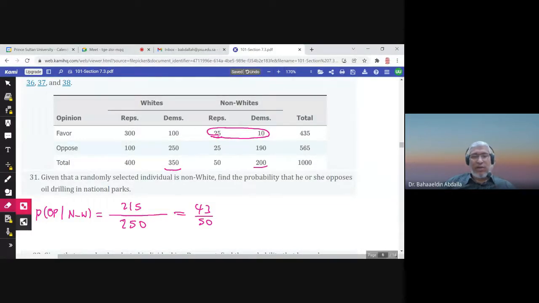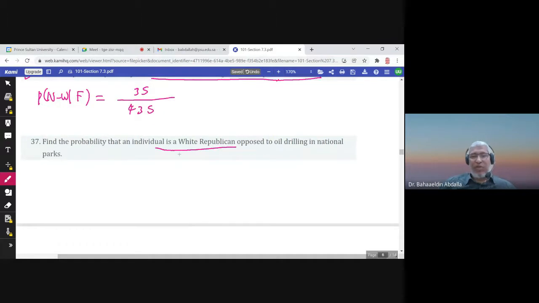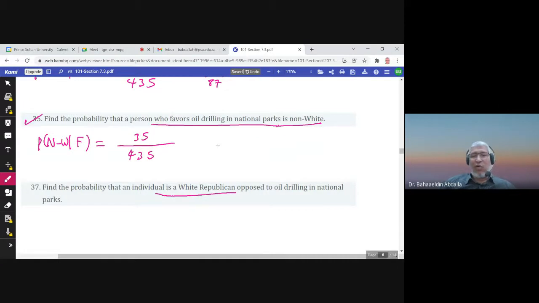Here, there is a difference in the way the question asks. Find the probability that an individual is a white Republican, not who favors oil drilling. So there, it is given information, but here he is asking about the intersection. An individual who is a white Republican and opposed to oil drilling.